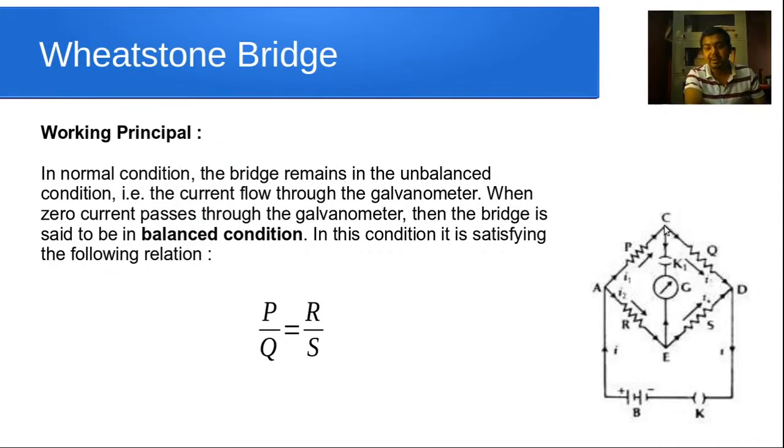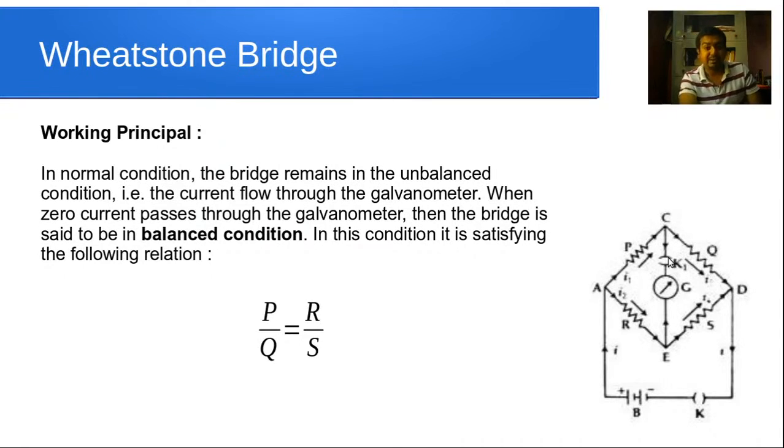I1 can be divided here and also here, and I2 can be divided here and also here, and the whole current goes to the negative terminal of the battery. But this is the normal condition, where current can flow through the galvanometer in either direction, depending on the value of the current.